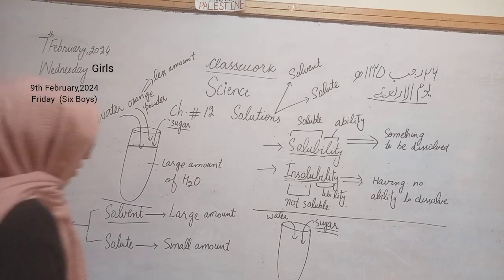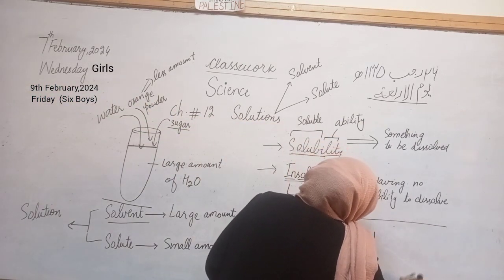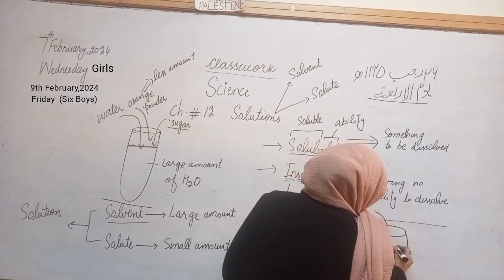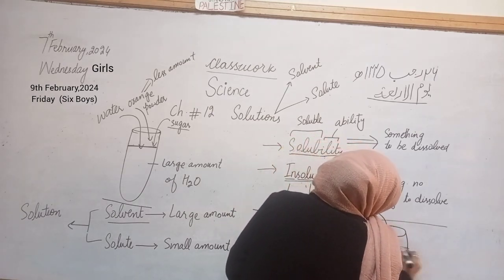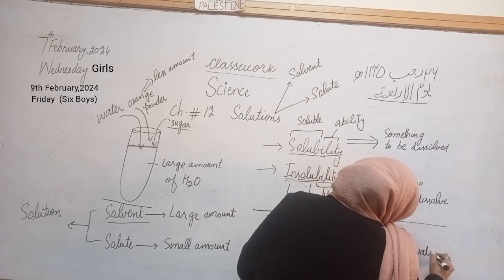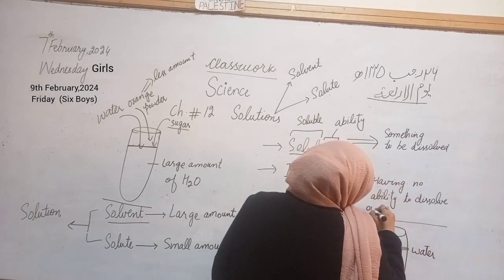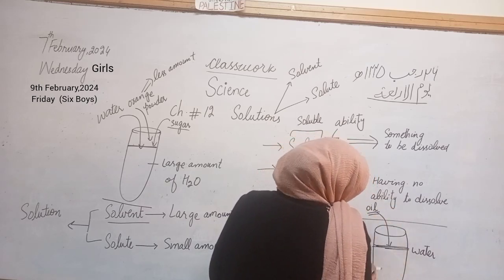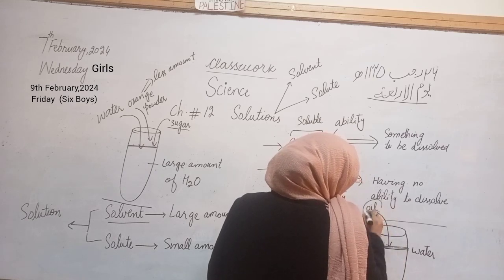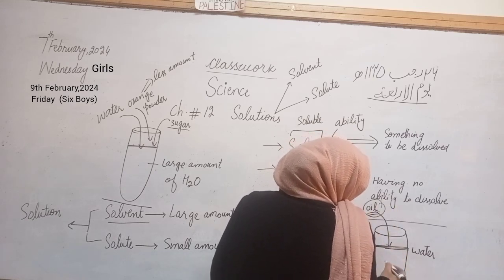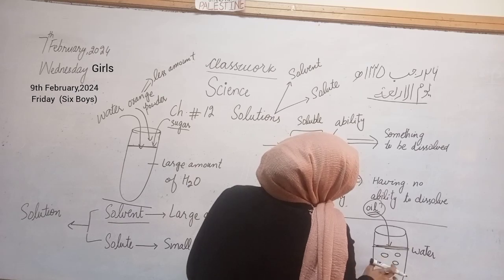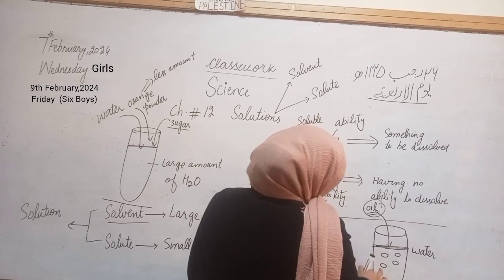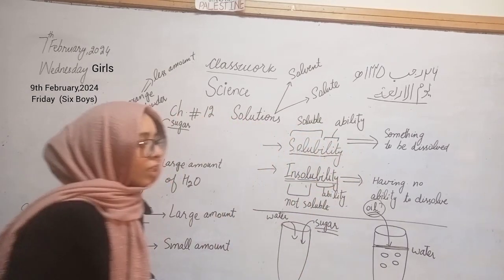But there are some things that cannot be dissolved. You can also observe in your home when you pour oil drops in water, you will observe that oil drops will not be soluble in water, and an oil film will be formed on the surface of water. We will conduct this experiment when you come.